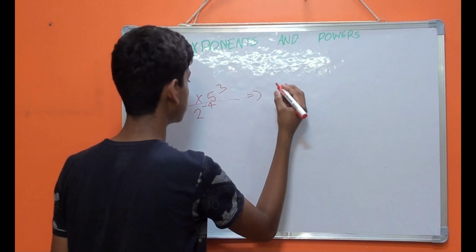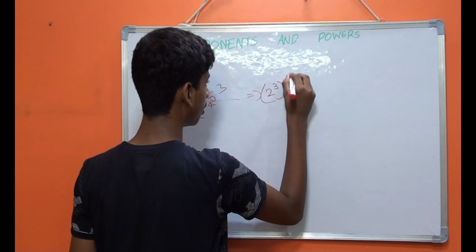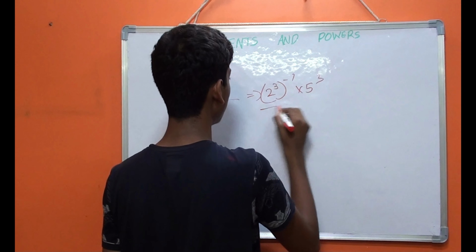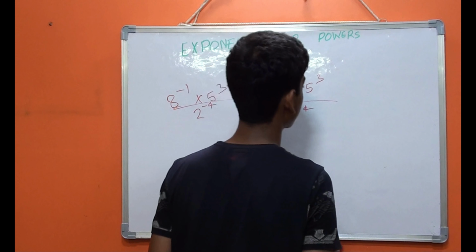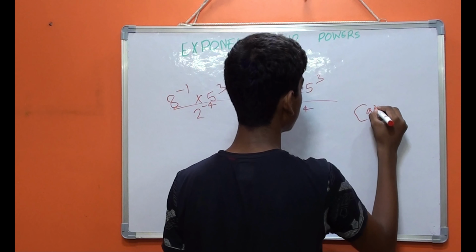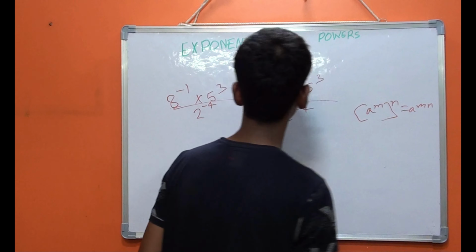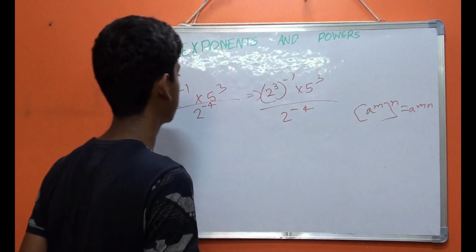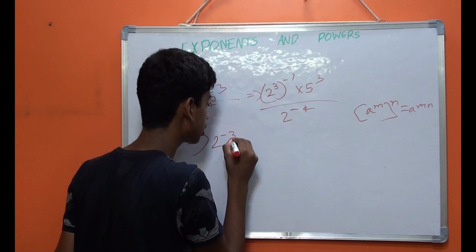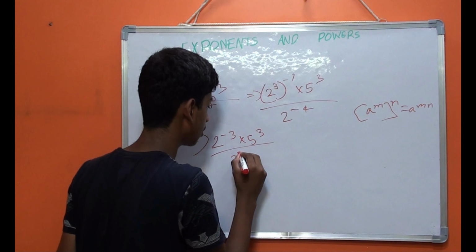We would write it as 2 power 3 whole power minus 1 into 5 power 3 by 2 power minus 4. The formula is a power m whole power n equals a power mn. Now we have to multiply 3 and minus 1. Then we would get 2 power minus 3 into 5 power 3 by 2 power minus 4.